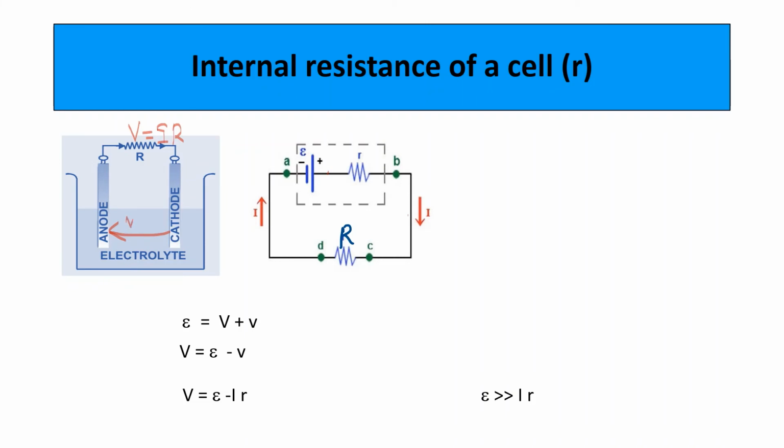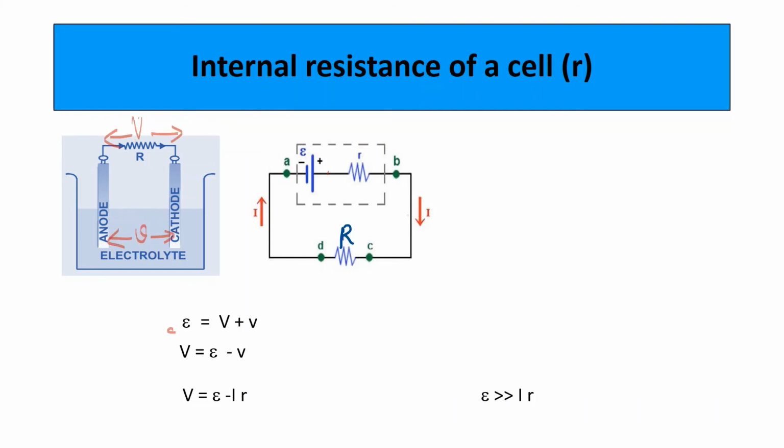Let v be the small letter v. Small v is the voltage drop across this internal resistance. Therefore, small v is equal to Ir, where small r represents the internal resistance. This is called voltage drop.